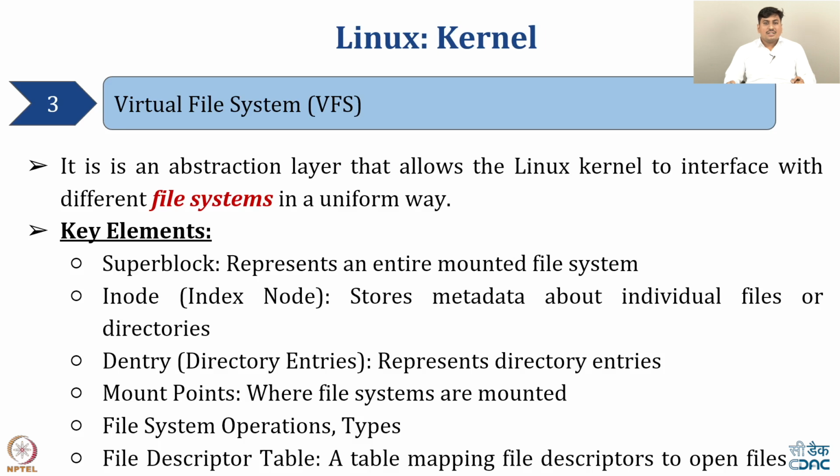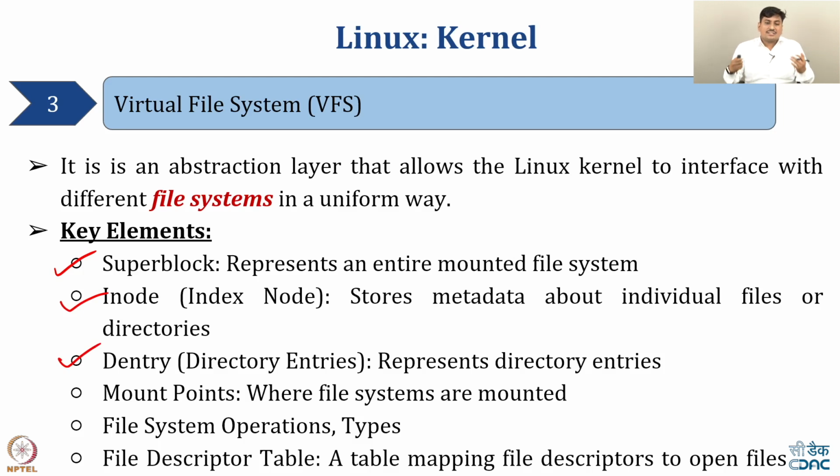subcomponent of the Linux kernel. So when we talk about its key elements, it has a superblock which represents an entire mounted file system. Then there are inodes, which store the metadata about individual files or directories. Then directory entries, which represent what files are present in those directories.